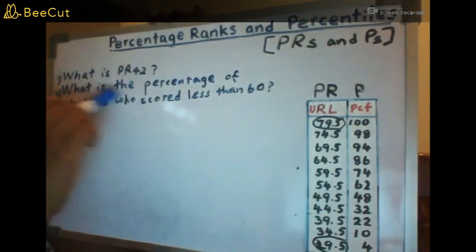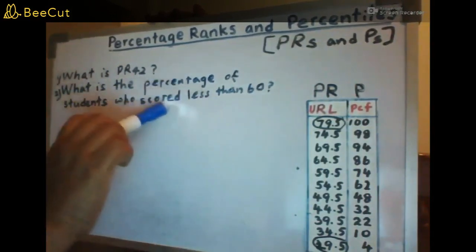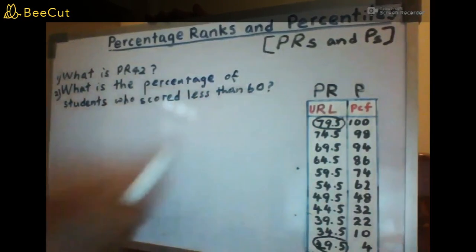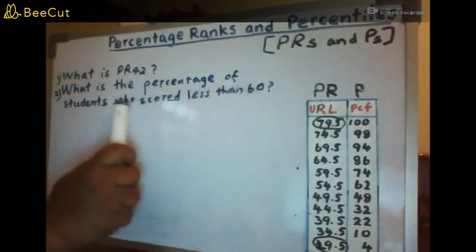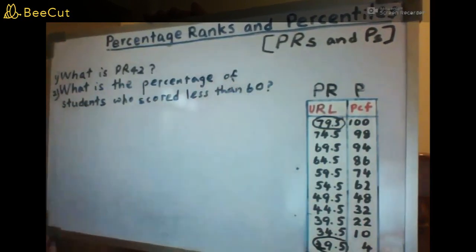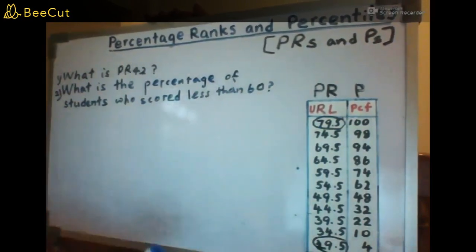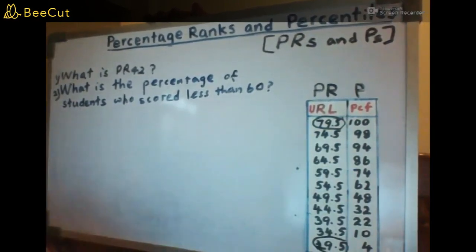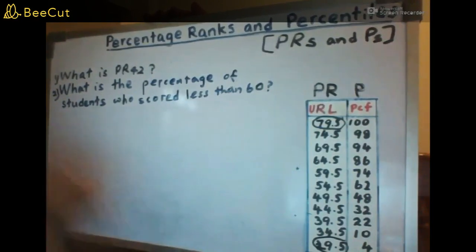Say, what is the percentage of students who scored less than 60? Who scored? Marks, no? So 60 is given. So once you have identified what is given in the question, you don't need to look at what is asked. Look at what is given: the mark or the percentage.